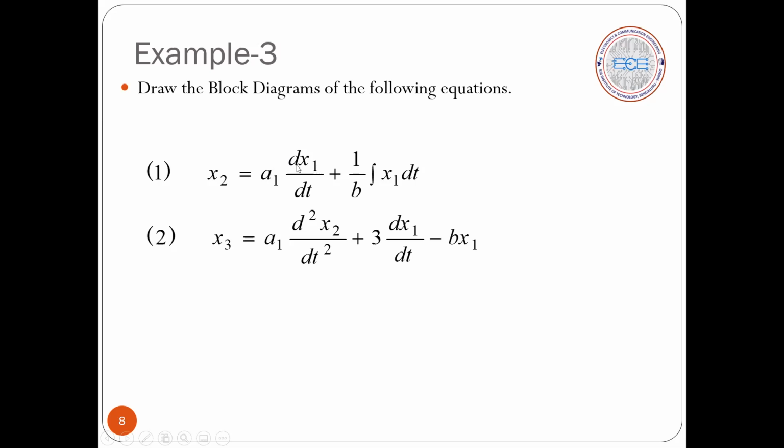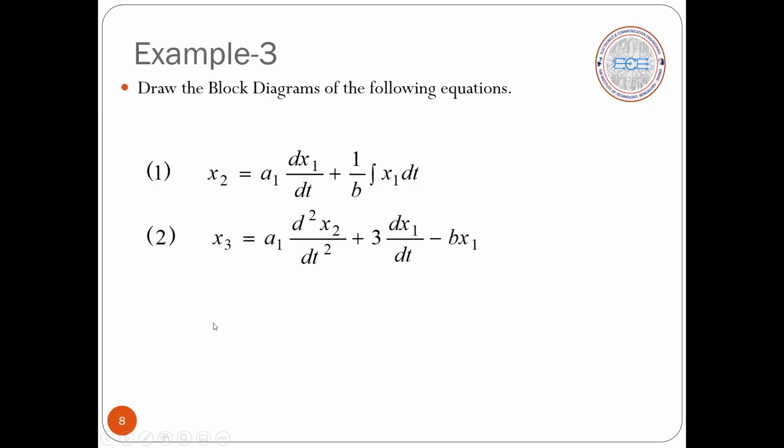So what I do is I take one x1 signal, and that x1 should pass through a differentiator, and then it has to pass through a block with a gain of a1.